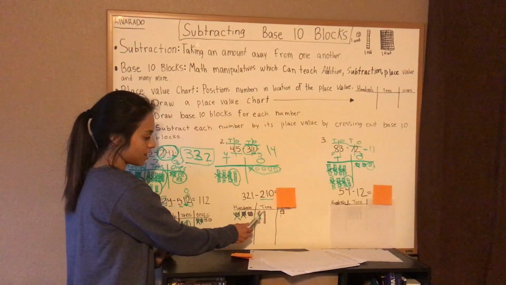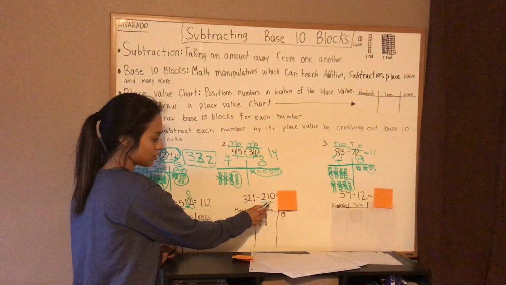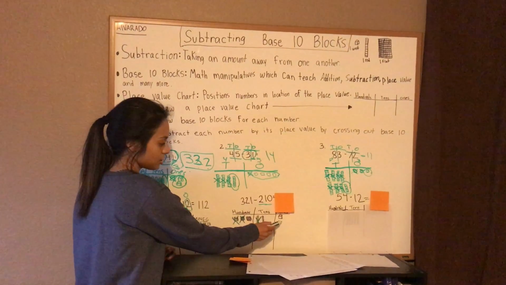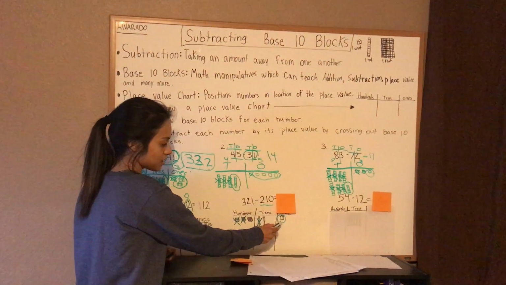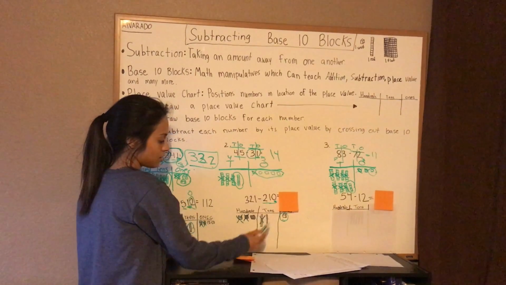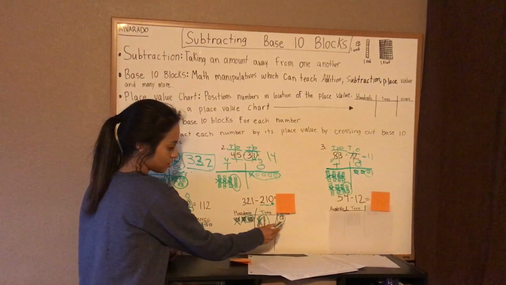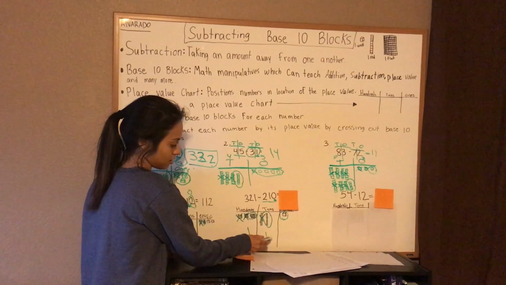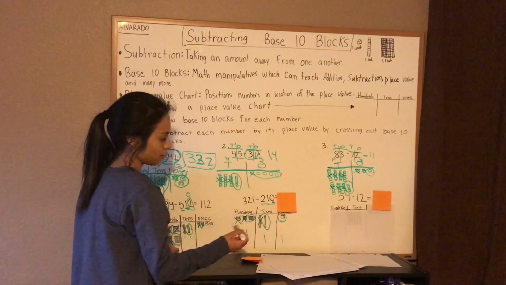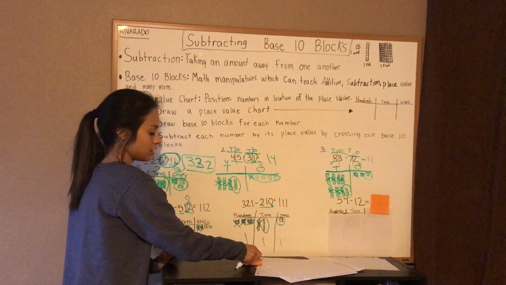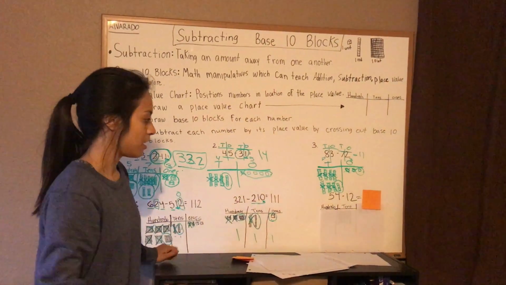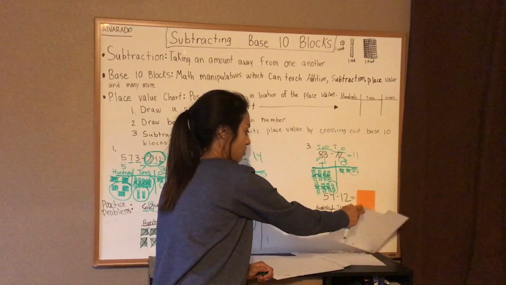Then we crossed out 1, because in the tens place, we have a 1. And then we didn't subtract any from the ones place, because there's a 0. So then it equals 111, because there's 1 in each one. So we got 111.